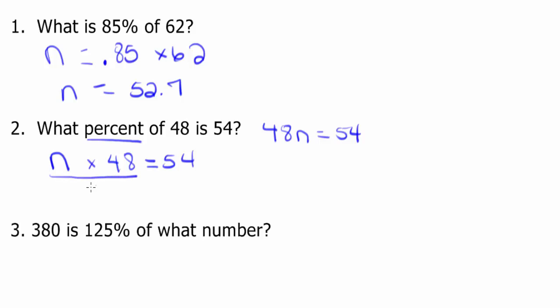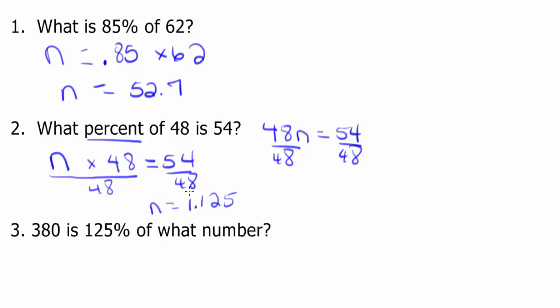How do we solve for n? We're going to divide by 48. It's the same thing, just rewritten. So n equals 54 divided by 48, which is 1.125.